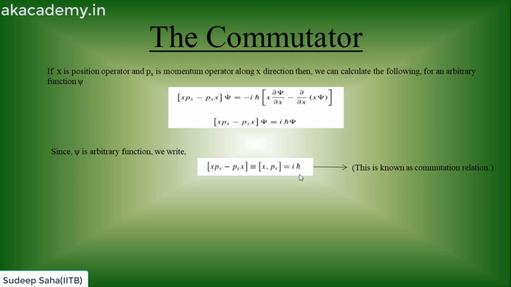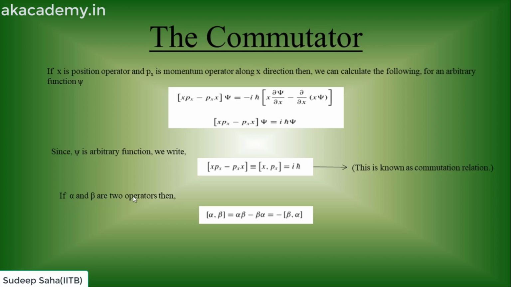If I just say, it means in quantum mechanics that you cannot really measure the position and momentum of a particle simultaneously. This is what it means actually, but I'll explain more on commutators later on.